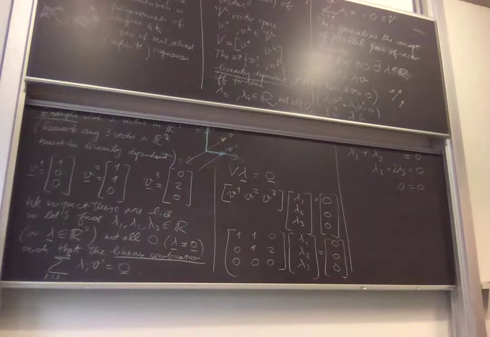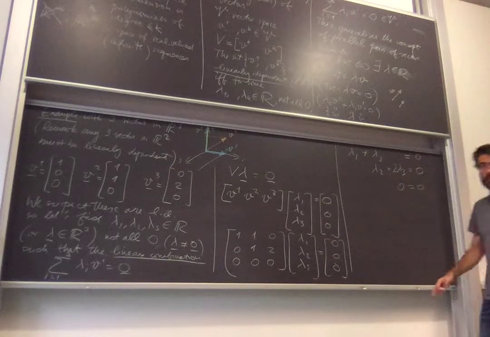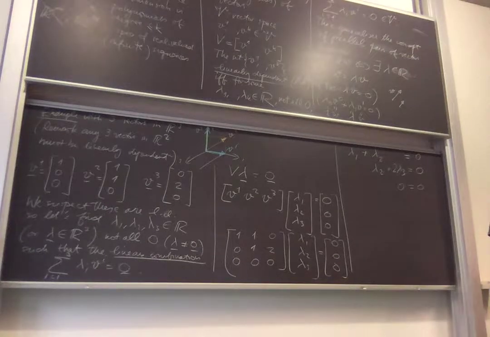So this is basically the deficiency in this system. It has 3 unknowns and just 2 useful equations, because one of them is useless. It is true, but it doesn't convey any information on the lambdas.